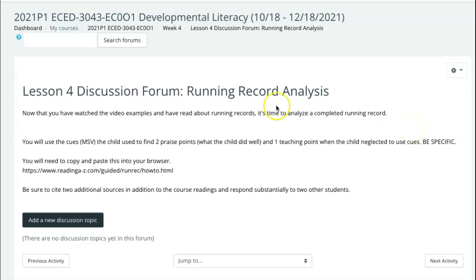You're going to look at this running record right here, and then you're going to look at the cues used and the cues neglected. Praise points: 2 things that the child did very well. A teaching point: that's going to be a cue that the child neglected. If you have questions, please ask me.